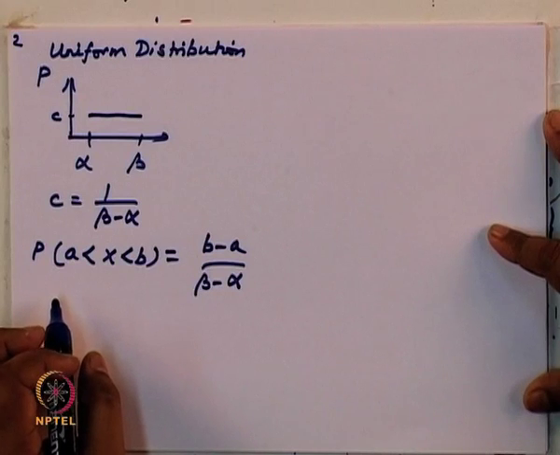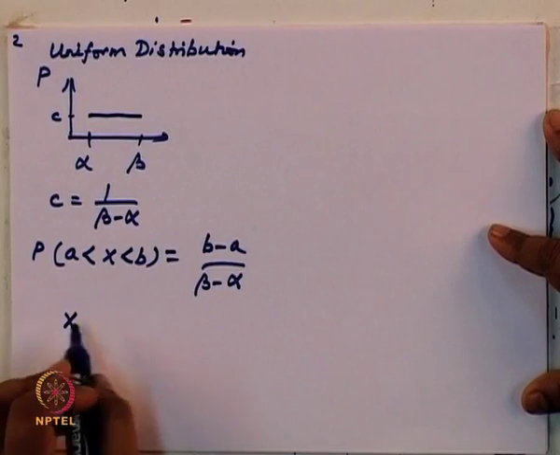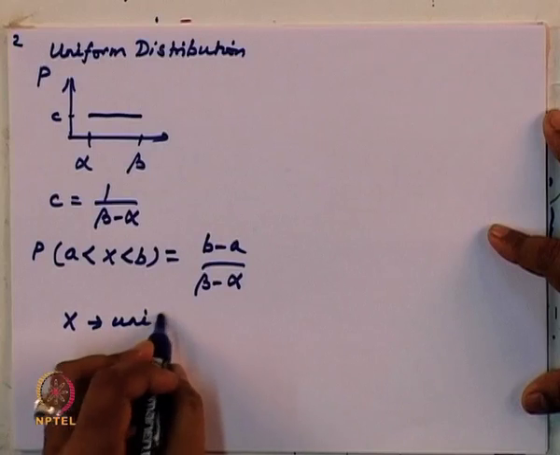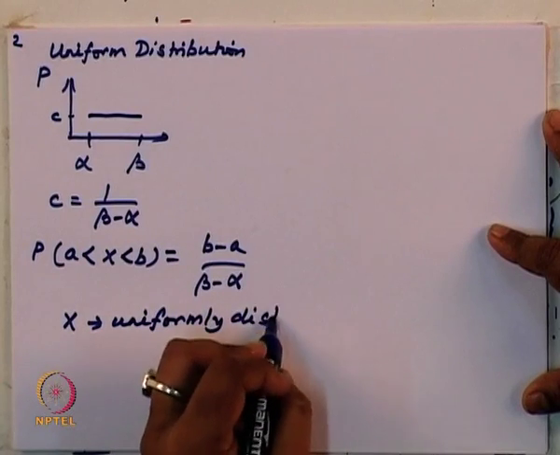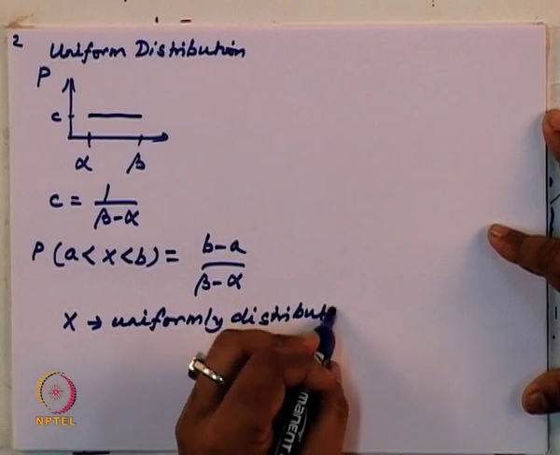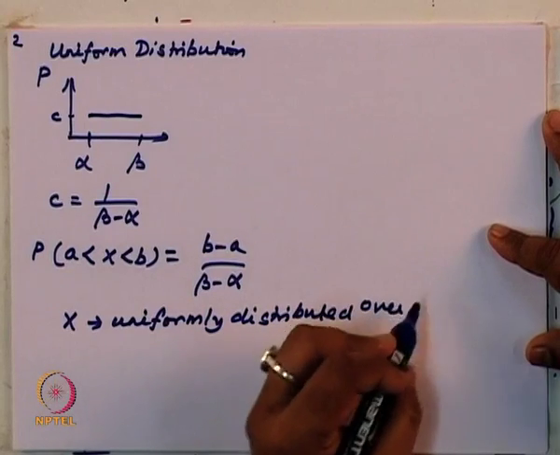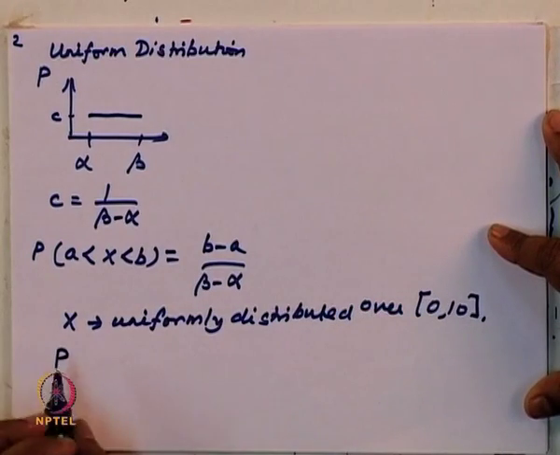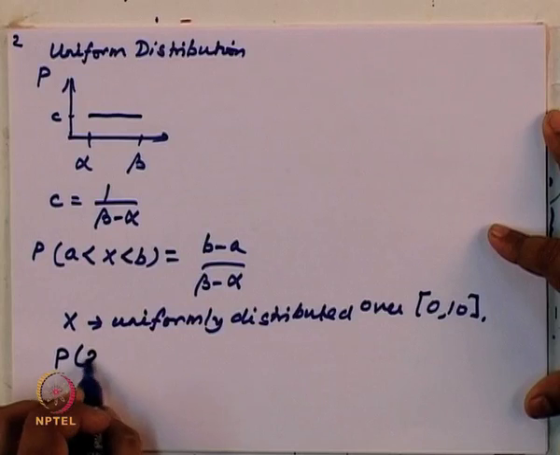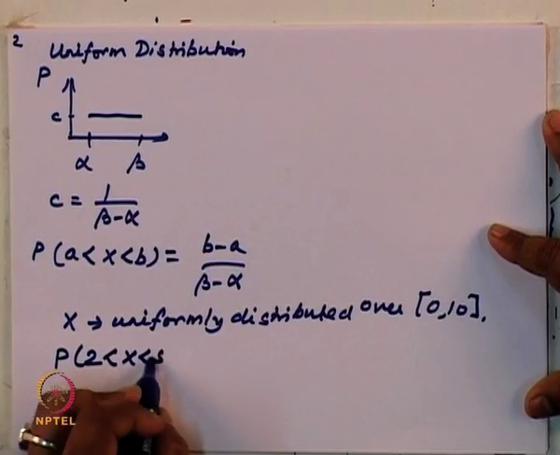Let us discuss a few very simple cases. Imagine you have a random variable x which is uniformly distributed over 0 to 10. Let us say you want to calculate the probability of 2 less than x less than 5.